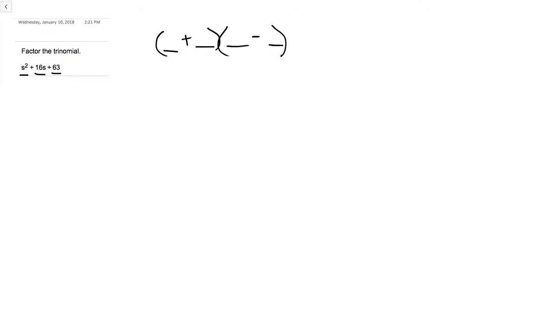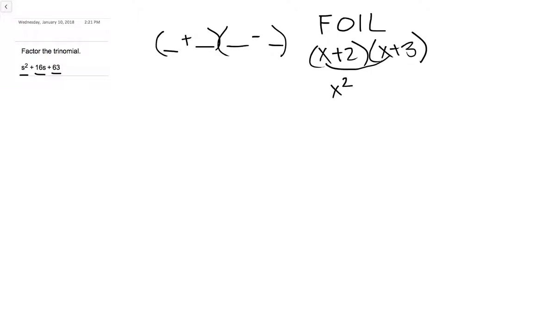So factoring the trinomial kind of undoes the FOIL method. If you remember, if we have two sets of binomials and we want to multiply them together, we use the FOIL method. That just means that we multiply the x times the x, and then the x times the 3, and then the 2 times the x, and lastly the 2 times the 3.